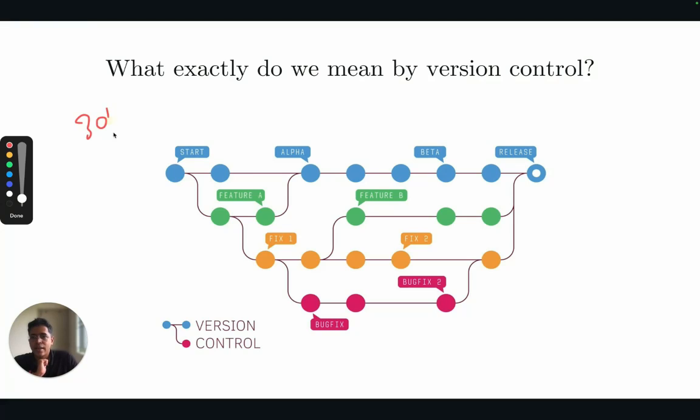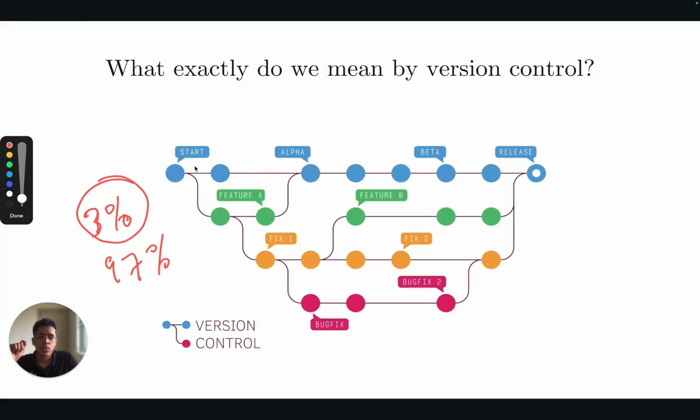So 30K lines, and when you add feature A, maybe another 1K lines are added. So it becomes 31K. This is only a 3% increase, right? So only 3% of the code base is changing. The remaining 97% is unchanged. So when you are working on feature A, it does not make sense to make a copy of the remaining 97% of the code base or files unnecessarily.